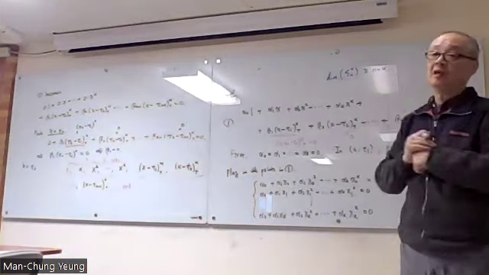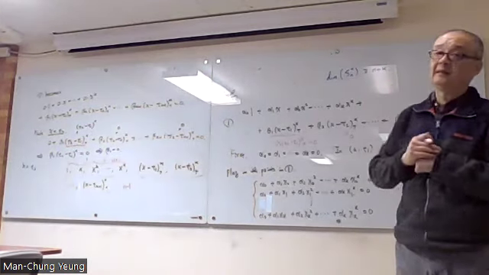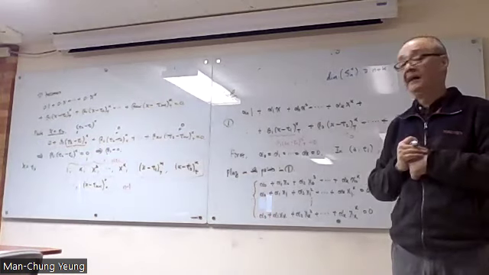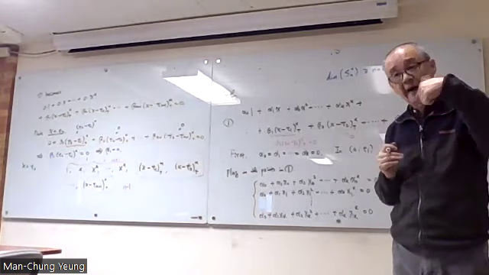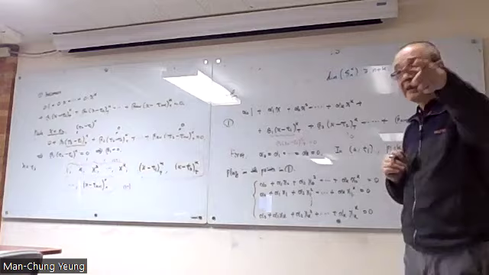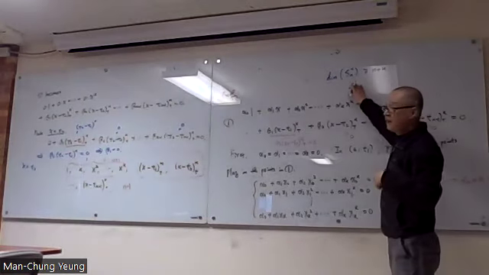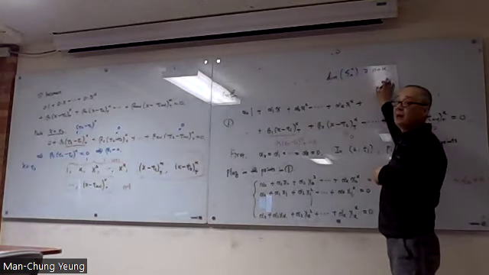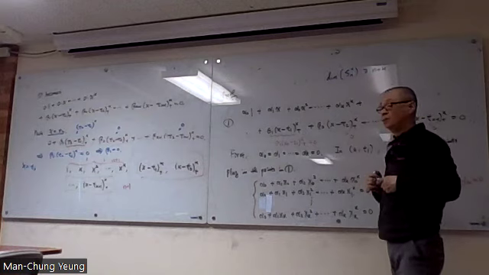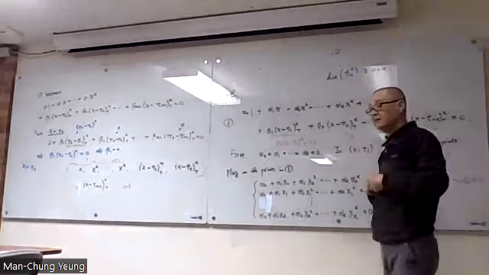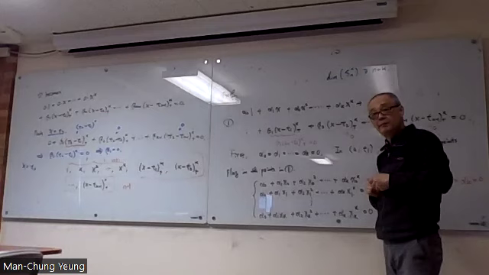So the dimension of the space is greater than or equal to n plus k at least. Now next, I want to show the dimension of this space is exactly n plus k. How to solve? It is very mathematical.